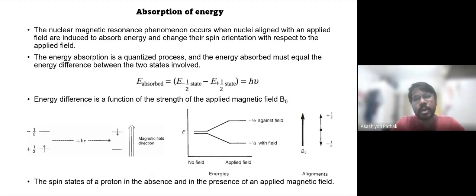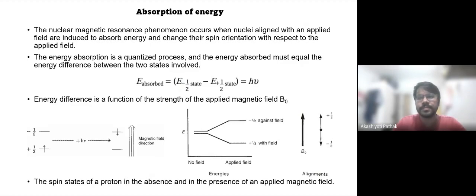Now, this spin angular momentum is a vector quantity, so it will have both a direction and a magnitude. The direction of the spin angular momentum can be obtained by the right hand thumb rule: your fingers point to the direction of the spin, and your thumb gives the direction of the spin angular momentum.